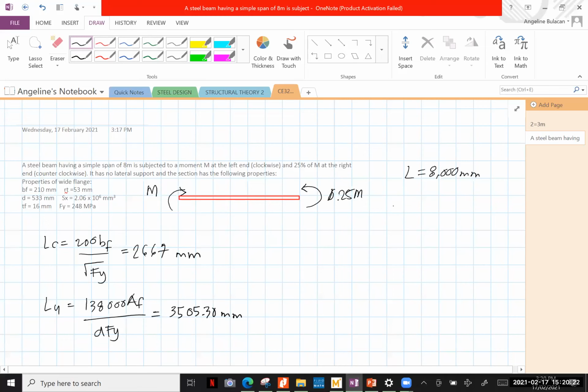So, therefore, your L is greater than your LU. So, therefore, this is laterally unsupported. Lateral unsupported siya. So, ang pag-solve, di ba, we need to solve for your square root of 7932 CB over FY. So, solve natin.